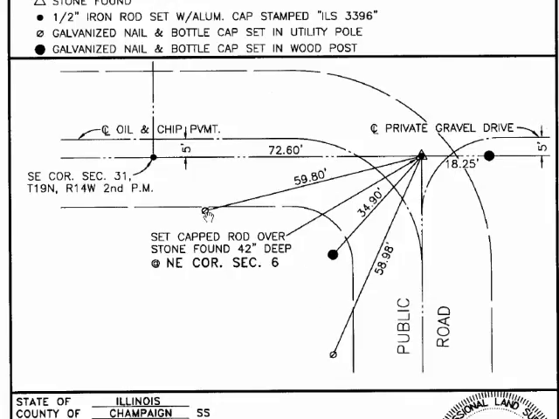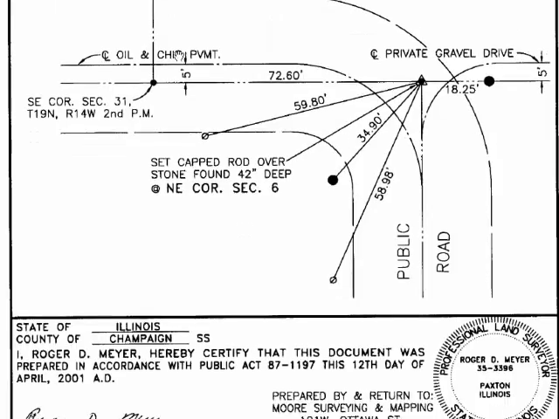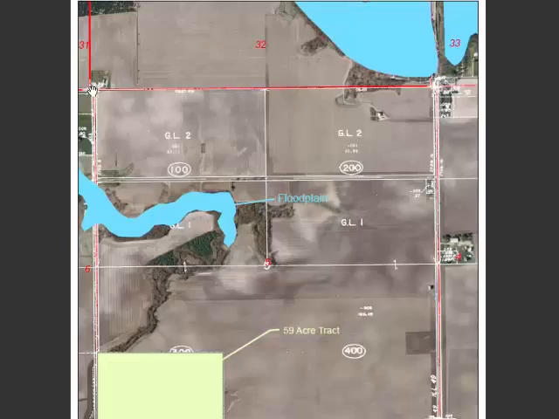In fact, these are very likely some of the same accessories used for tying out this point. He also has measurements to the public road and the center line of the private gravel drive. Once we're in that area, then we can start to see where these are, pull the measurements, find the point, off we go.